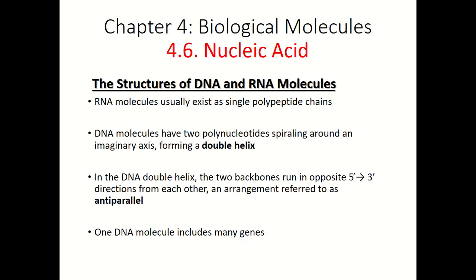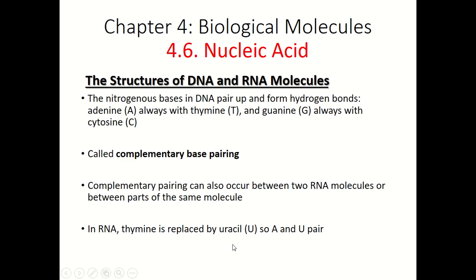So the structure of DNA and RNA. RNA is a single polynucleotide strand. Meanwhile, DNA has two strands forming a double helix. And in DNA, the backbone is always read in the 5 to 3 direction, and the other strand is anti-parallel to this one. Okay, so one DNA molecule includes many genes inside.